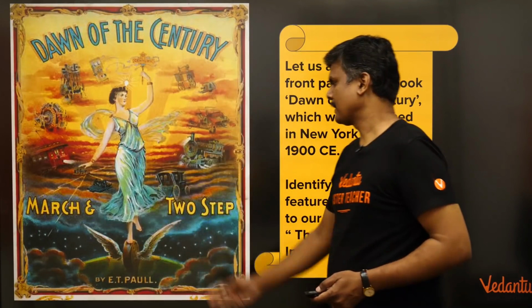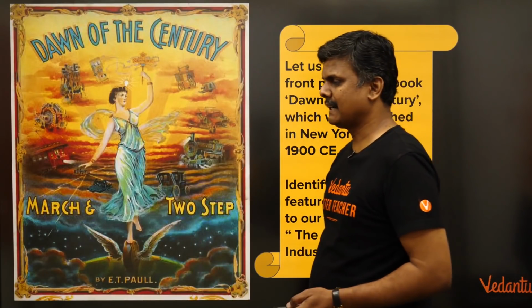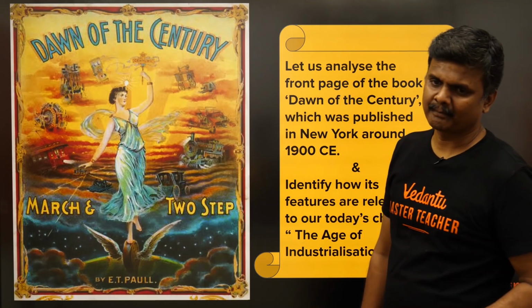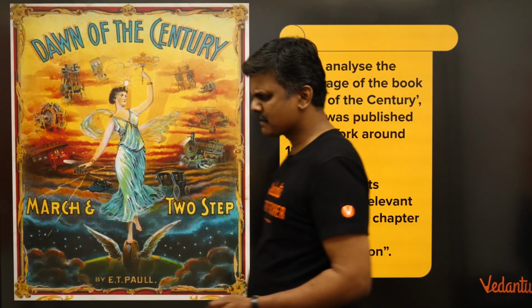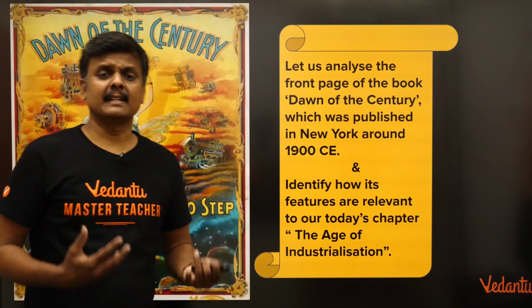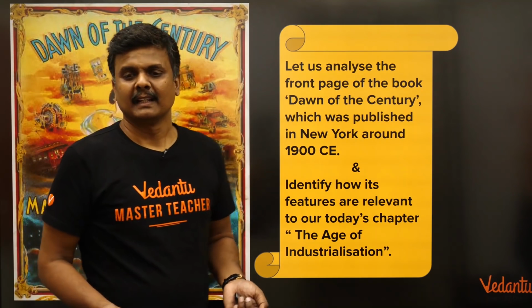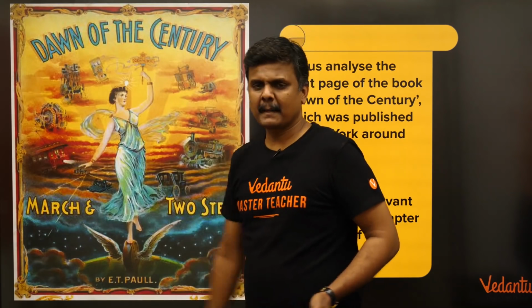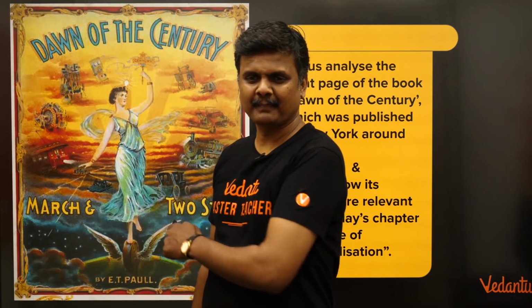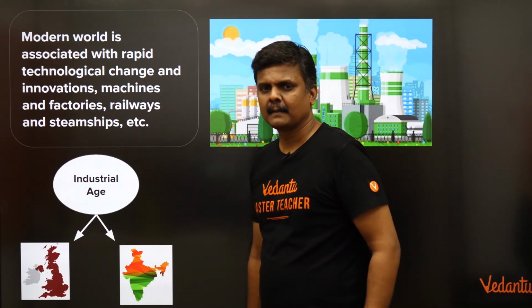So this is a picture which was created in 1900 CE. It speaks about the dawn of industrialization, which in other words we also call the age of industrialization. That is the chapter, and this particular picture is relevant to that.